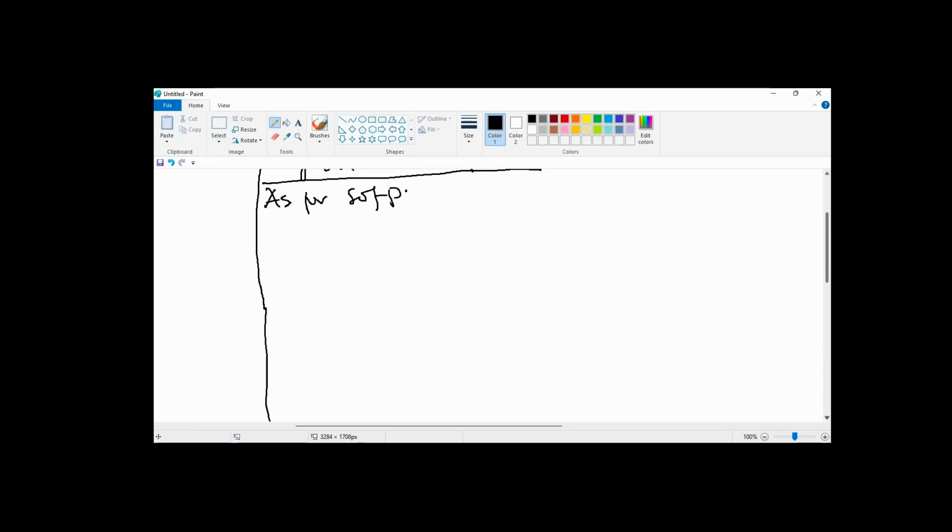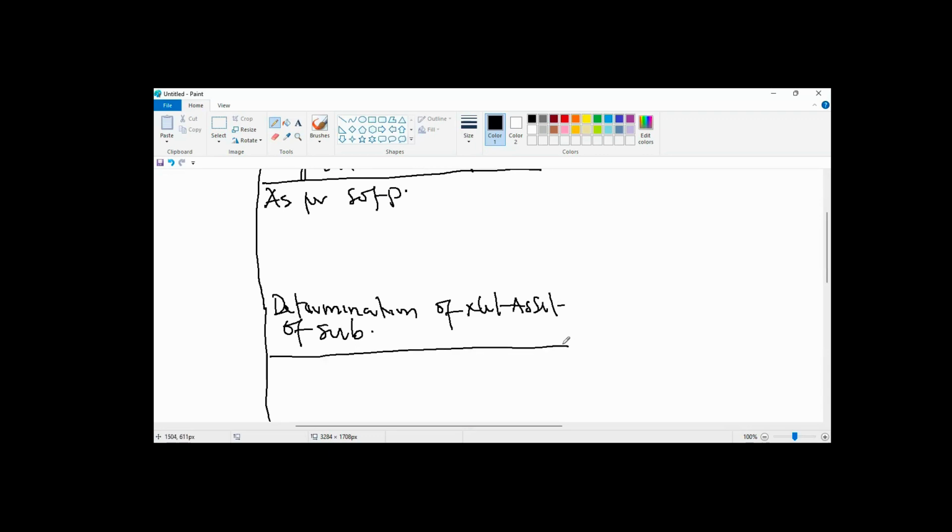Second, I need the determination of net assets of subsidiaries. Items: DOA, DOC, and post.